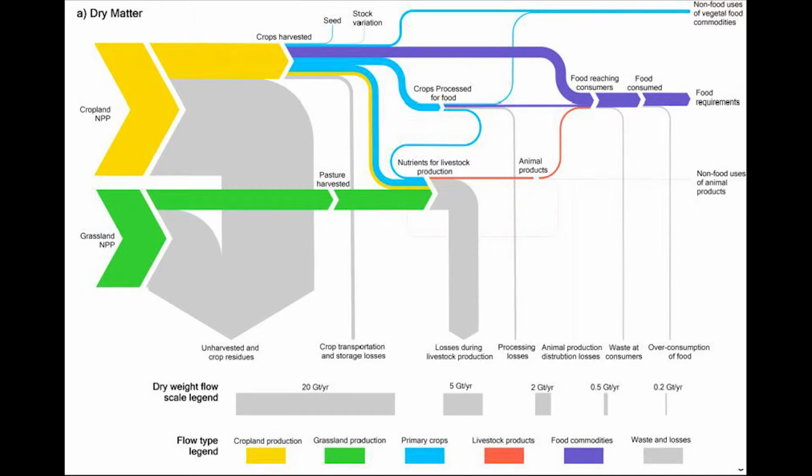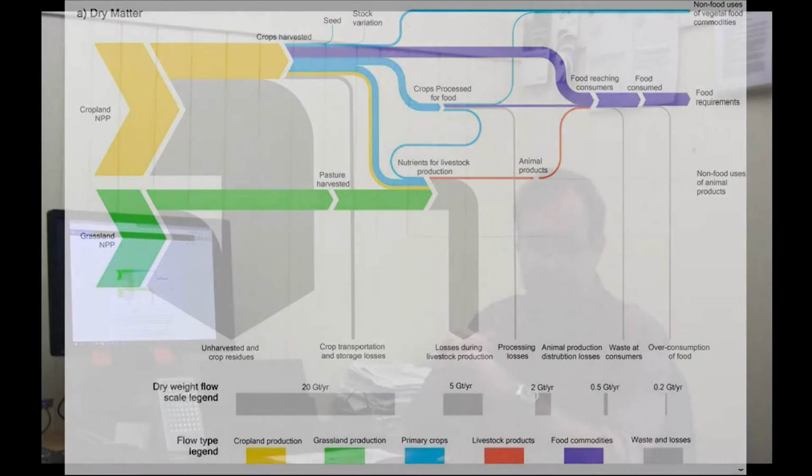So again, you get an inefficiency built in, or the conversion of that biomass into the biomass of the livestock. But you also have other processing losses when crops are processed before food is delivered to shops where people buy and consume it. The other sources of losses in the system also happen at the consumption end, so literally people buying food and not consuming all of that food, just throwing it away.